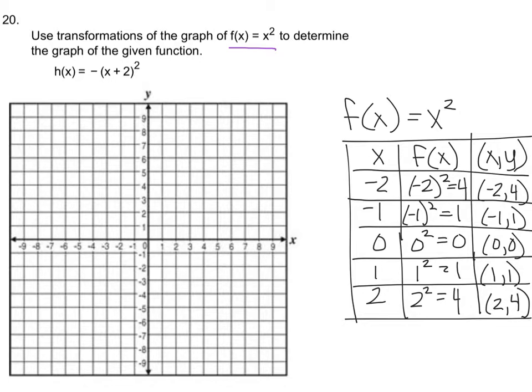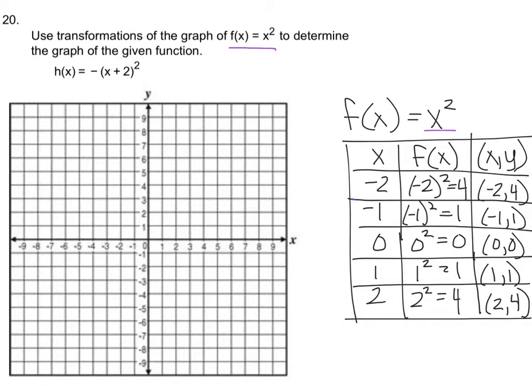I just took values for x, which is negative 2, negative 1, 0, 1, and 2, and then I plugged them in for x in the equation f of x equals x squared, and then I found my y coordinate. So I got these 5 ordered pairs: (negative 2, 4), (negative 1, 1), (0, 0), (1, 1), and (2, 4).